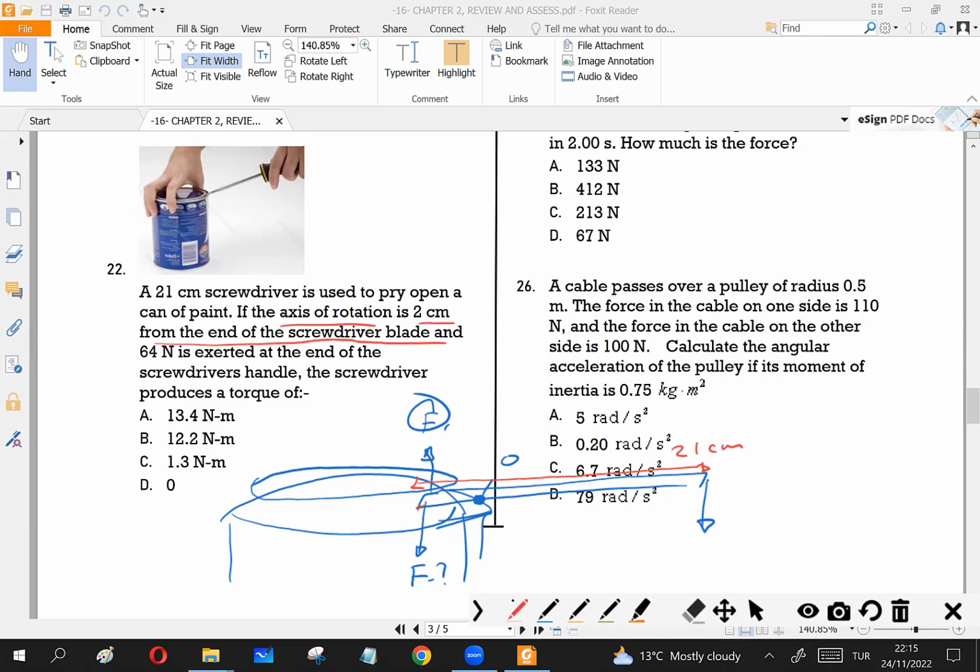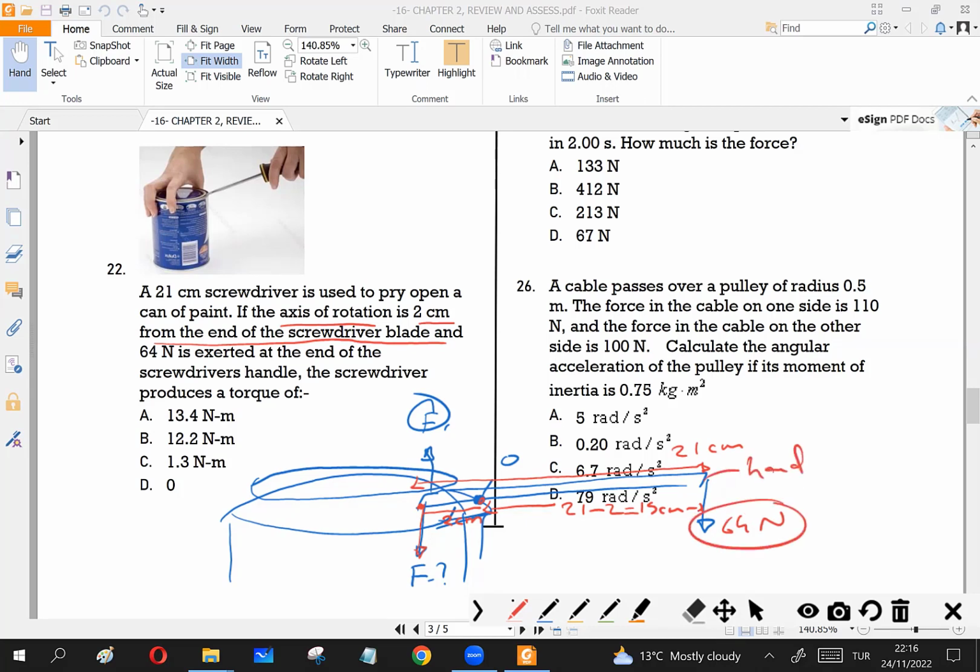The blade is here, and that length is 2 centimeters. That is, from the axis of rotation until the force applied on the lid and the blade, this distance is 2. In this case, the other side is going to be 21 minus 2, that is 19 centimeters. So the question is asking you, what is the torque produced by the 64 Newton force exerted at the end of the handle? The handle is here.